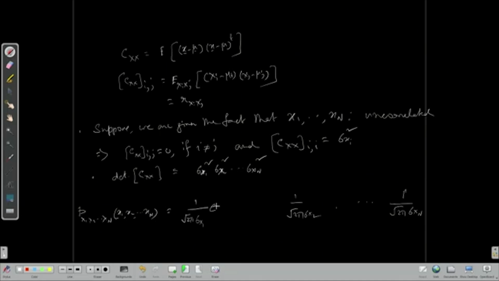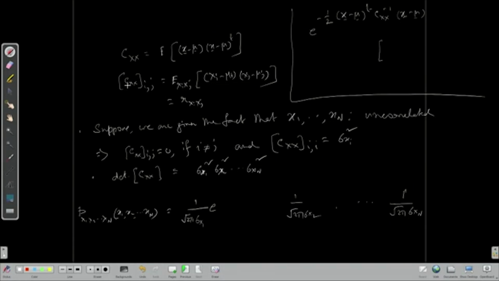This is where I do the calculation. We had e to the power minus half (x minus mu) transpose Cxx inverse (x minus mu). Now Cxx inverse means what?